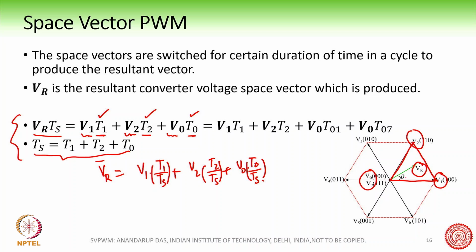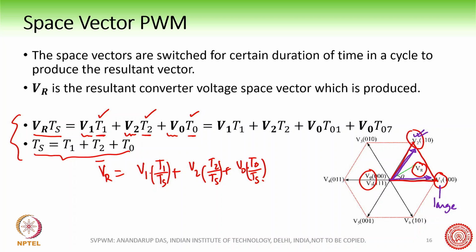So if I use V1 for a large duration of time, the VR vector will move towards that, and my resultant vector will come here. On the other hand, in a switching cycle Ts, if I use V2 for a long duration of time, the resultant vector will move here, correct?